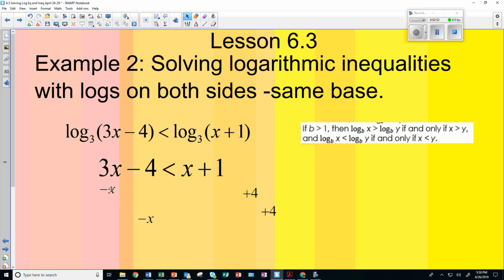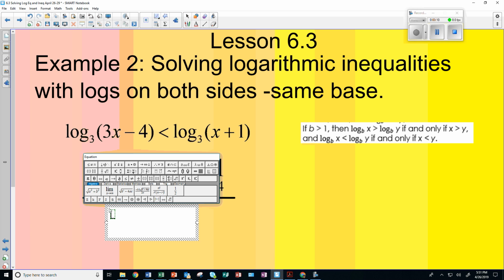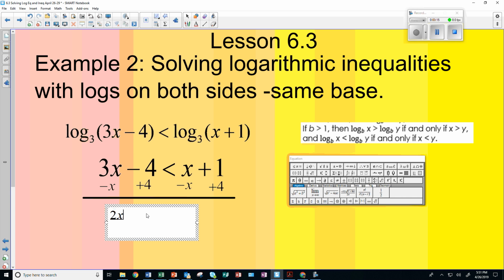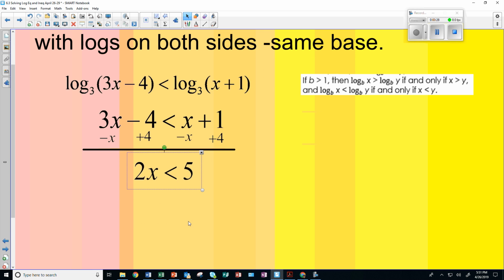So I'm going to subtract an x from both sides, and I'm going to add 4 to both sides. When I do that, I should get a 2x on one side, and I should just end up with 5 on the other side. That's what I end up with.